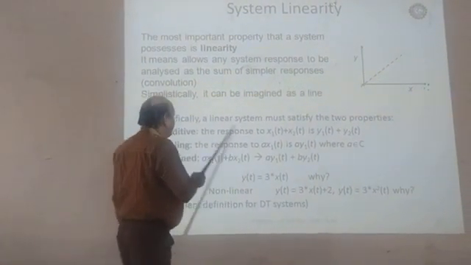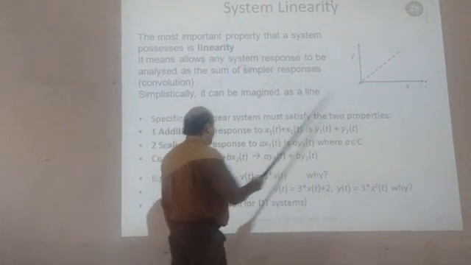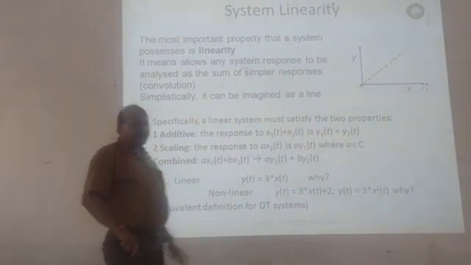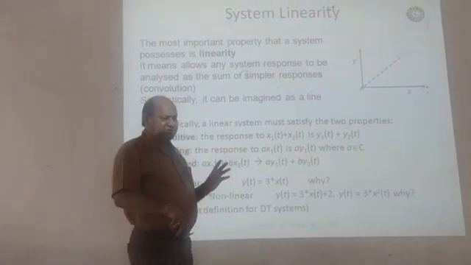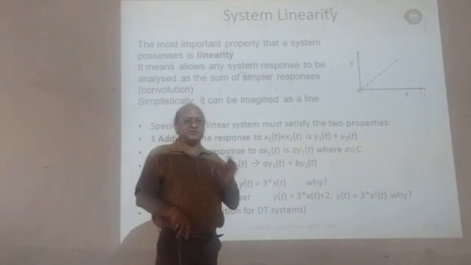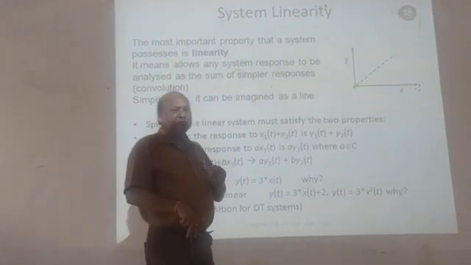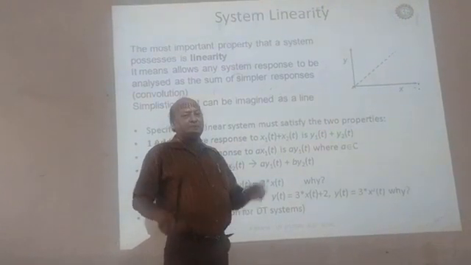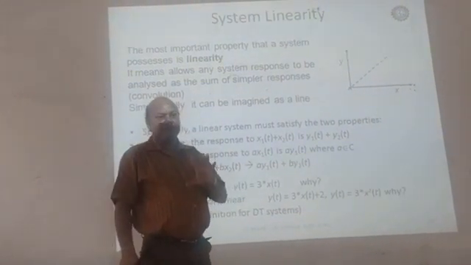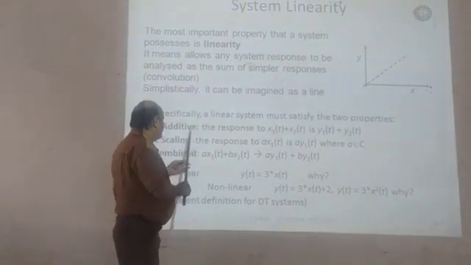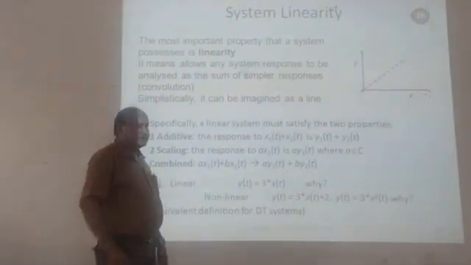Specifically, a linear system must satisfy the two properties that we have seen, additive property and scaling property. A linear time invariant system satisfies the two properties of linearity and the property of time invariance. Similarly, any linear system satisfies these two properties, additive and scaling.